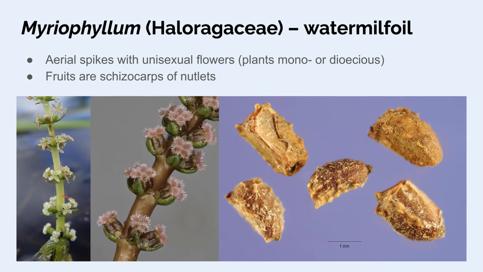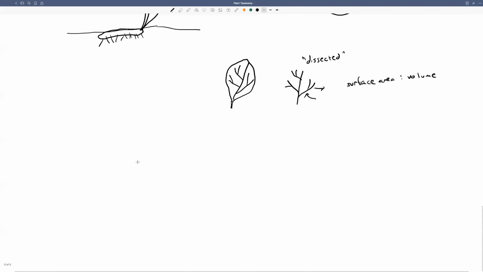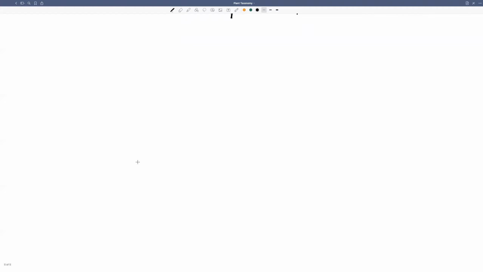So we've got some female flowers lower down with their feathery stigmas, moving up to male flowers with the stamens produced on those. And then the fruit type, we didn't cover this one yet. The fruit type is called a schizocarp. And it's kind of like what we saw with aggregate fruit type. For those, we had flowers that had separate carpels.